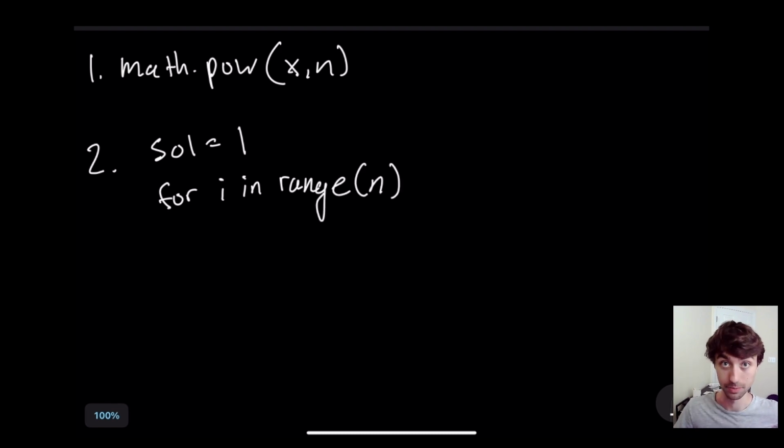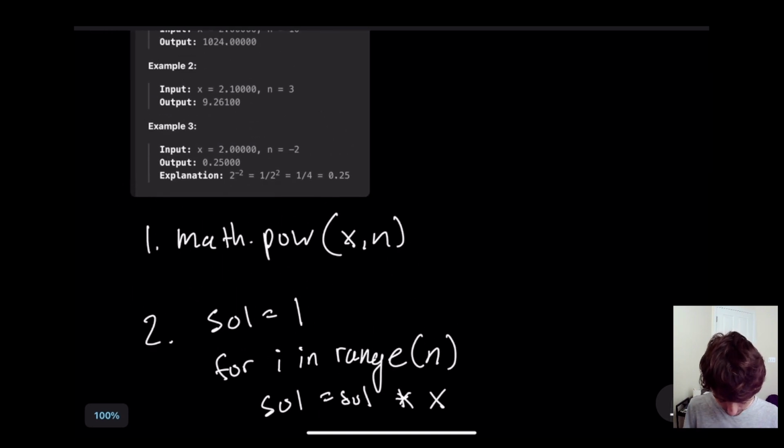If we need to raise it to the power of 5, we need to loop 5 times. And each time we just say solution equals solution times x, where x is the number that we're raising to the power of n.